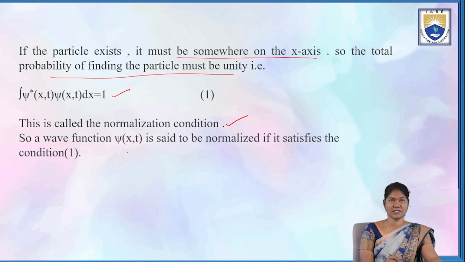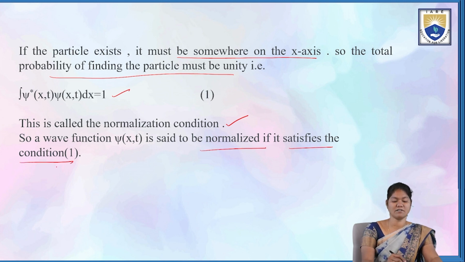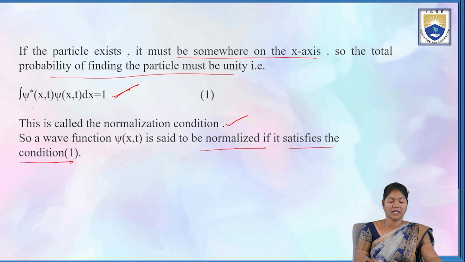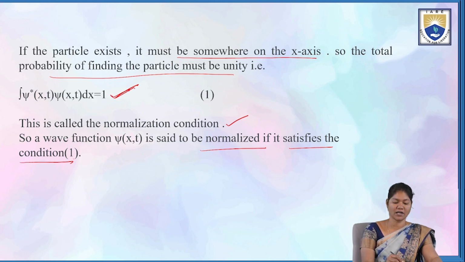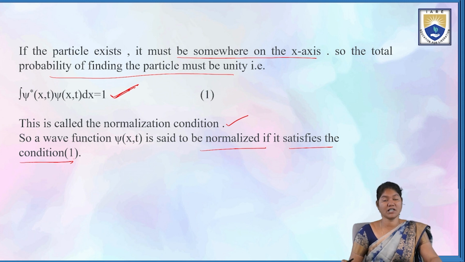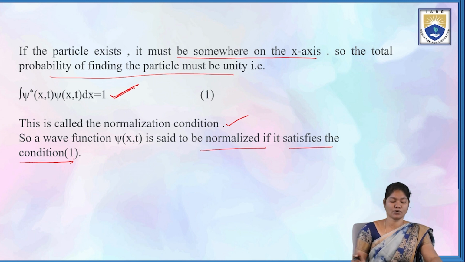A wave function ψ(x, t) is said to be normalized if it satisfies this condition, the integral being equal to 1.